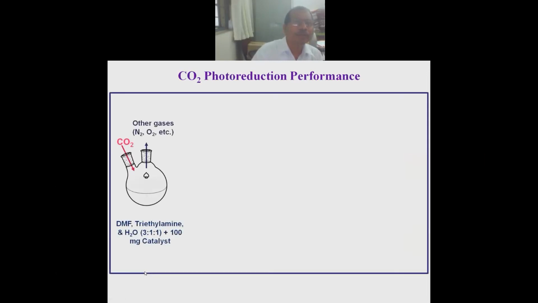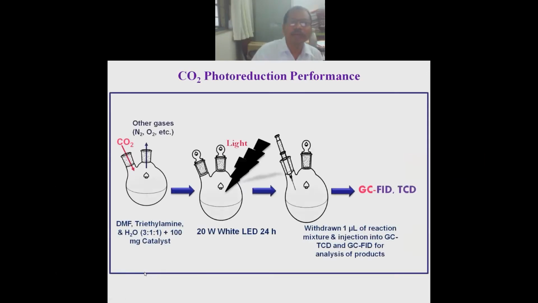Now we have used this g-C3N4 and phenyl grafted g-C3N4 for CO2 reduction, and this is the experiment performed. This is the catalyst along with DMF, triethylamine, and water, taken in different ratios. CO2 is taken inside, and then it is exposed to light, a 20-watt white LED for 24 hours.